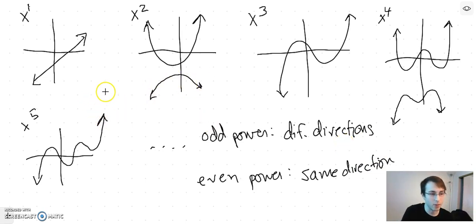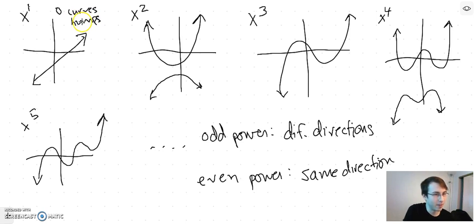Another thing to notice here, not just the direction of the sides, but also the amount of curves in the graph. X to the first, this doesn't have any curves, it's just a straight line. So I'm going to put 0 curves. Or should I say 0 humps?